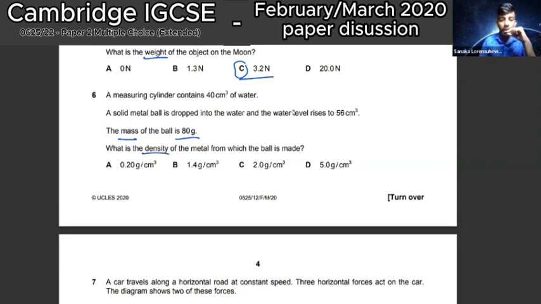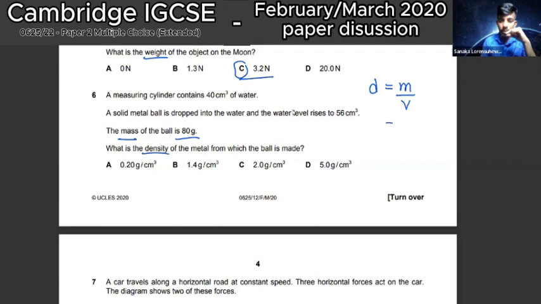Let's use the equation of density. Density equals mass over volume. I write it with symbols: density as D, mass as M, and volume as V. Then mass over volume.